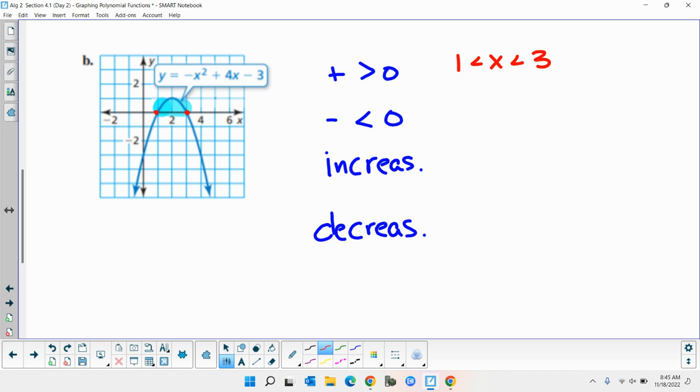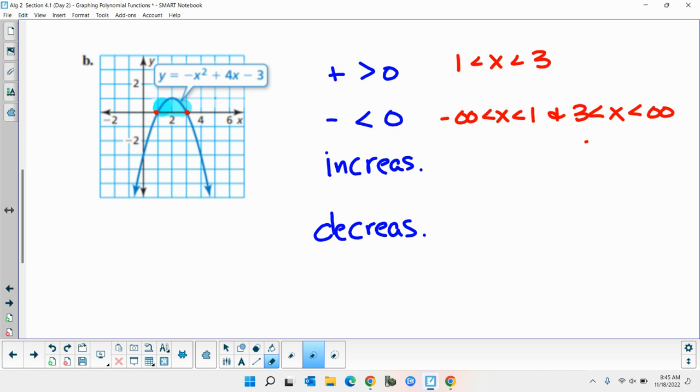That's those 2 spots. So what's down there forever? Negative infinity, right? Up to 1. And from 3 to positive infinity, isn't it? 3 and forever. That makes sense? Or negatives below. That's where it's below.